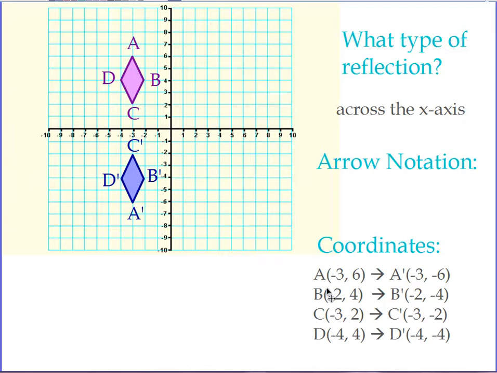If I go from pre-image to image, let's take a look at point A very first. (-3, 6) became, after reflection, (-3, -6). Point B, (-2, 4) became (-2, -4). Compare the points and see if you can find the change.